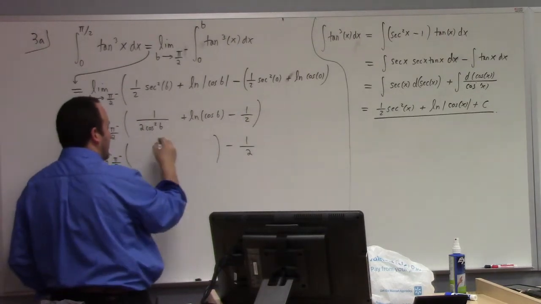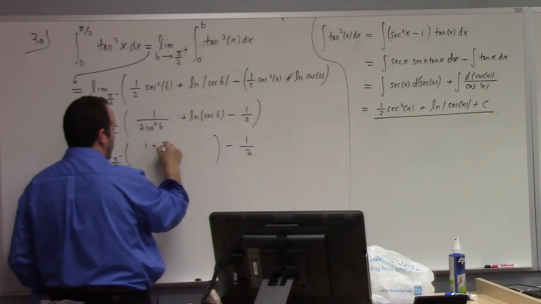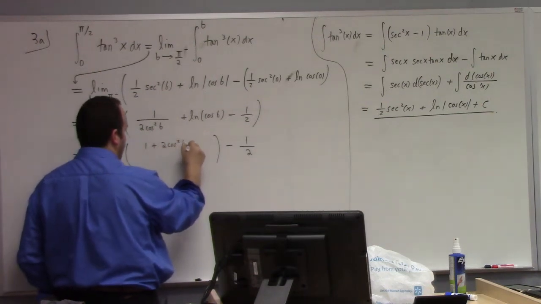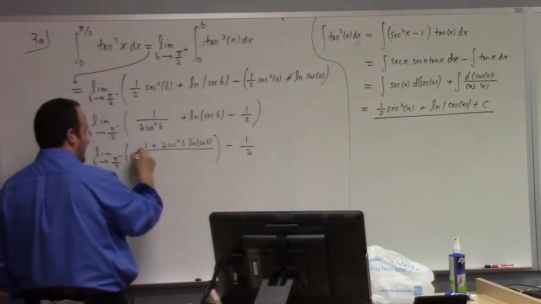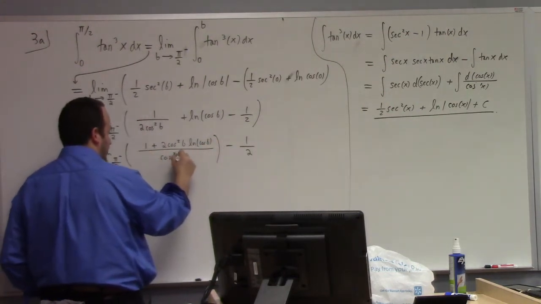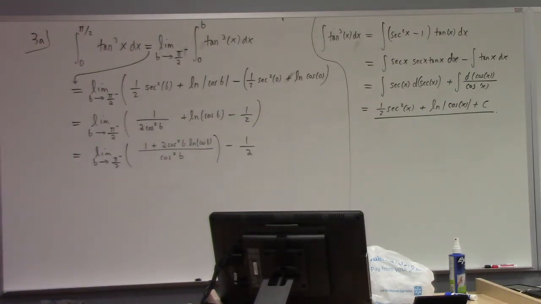So making a common denominator, I have 1 plus 2 cosine squared b times the natural log of the cosine of b, divided by cosine squared b. I think that helps us because now we're looking at something of what form?